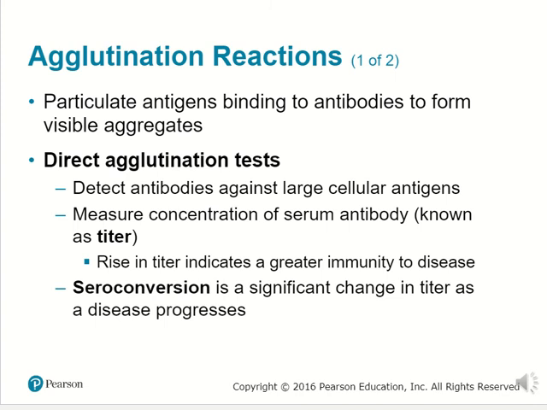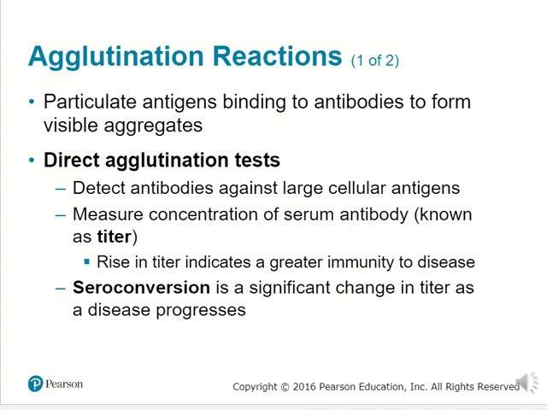And a rise in titer or a rise in concentration indicates that a greater immunity to disease was formed because more antibodies were produced. Essentially, that's why adjuvants are added to vaccines, so that a greater titer is produced in the end.